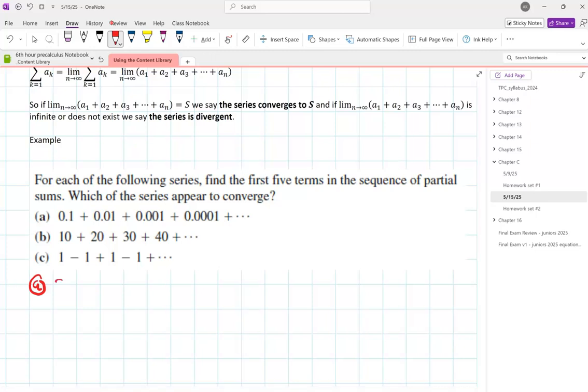If I look at A, the first partial sum is just the first term in the sequence. The second partial sum would be the sum of the first two terms, and then the sum of the first three terms, the first four terms, and the first five terms.